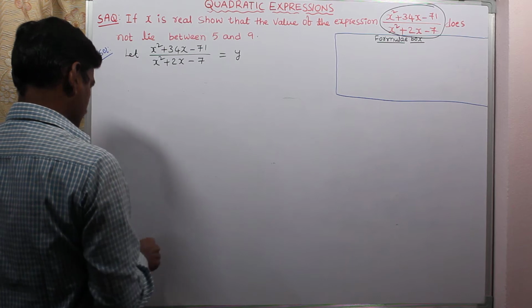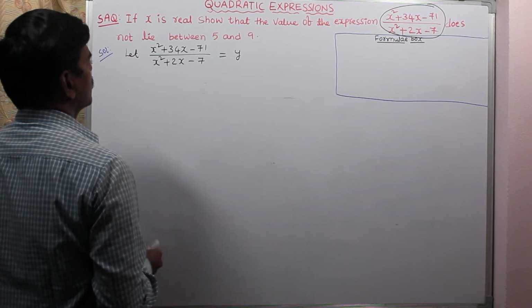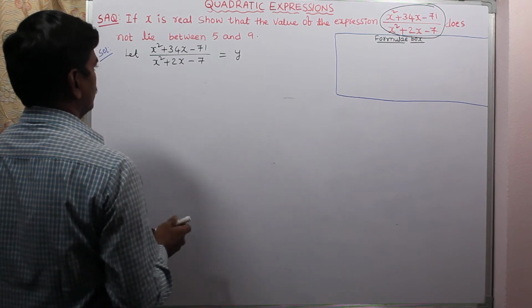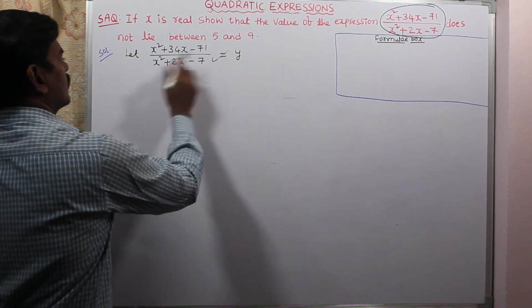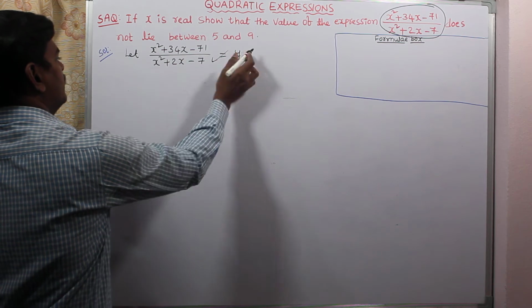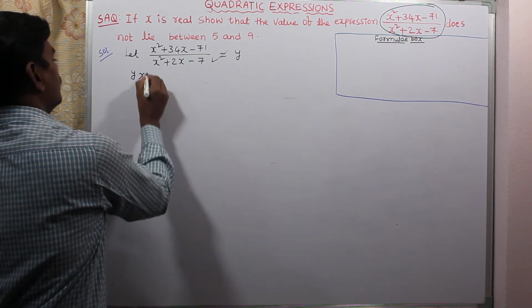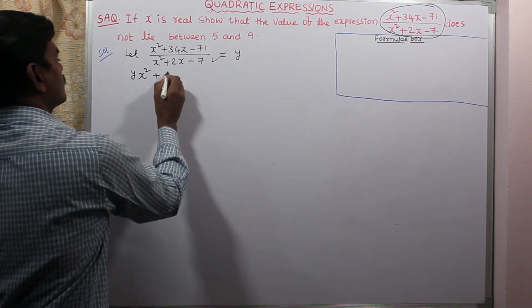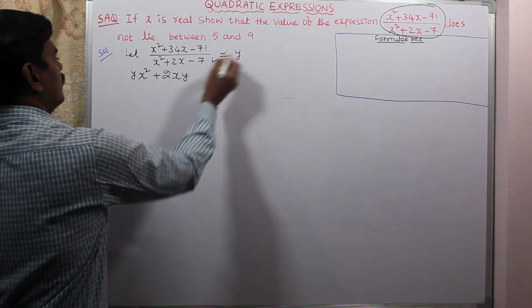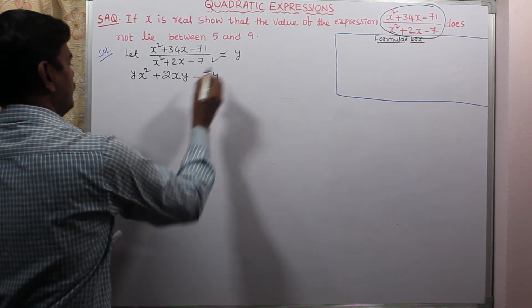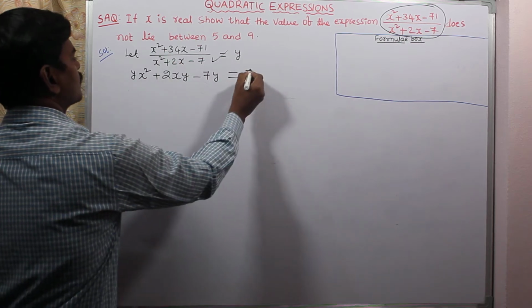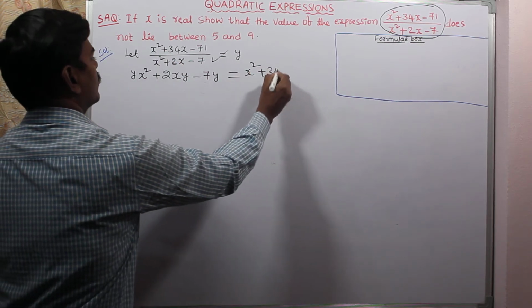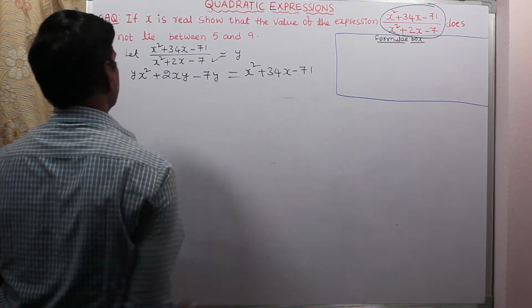For further simplification, use cross multiplication. On cross multiplication we get y into x square, yx square, plus y into 2x, 2xy, minus 7y, equals x square plus 34x minus 71 as it is.